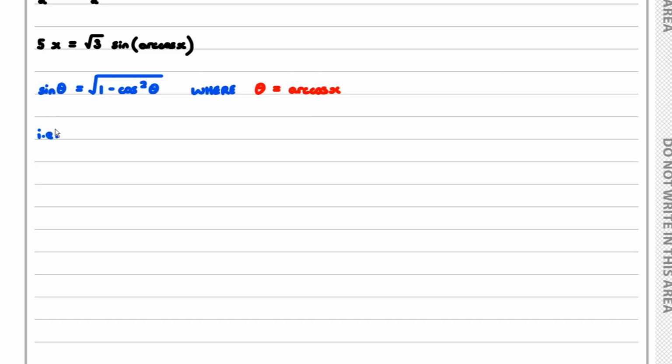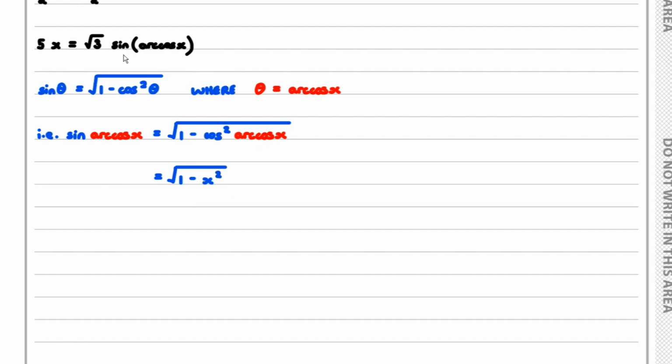So I've got the sine of arc cos x, which is equal to the square root of 1 subtract cos squared of arc cos x. And recognizing I've got the cos of arc cos of x squared, this will simplify to the square root of 1 subtract x squared.